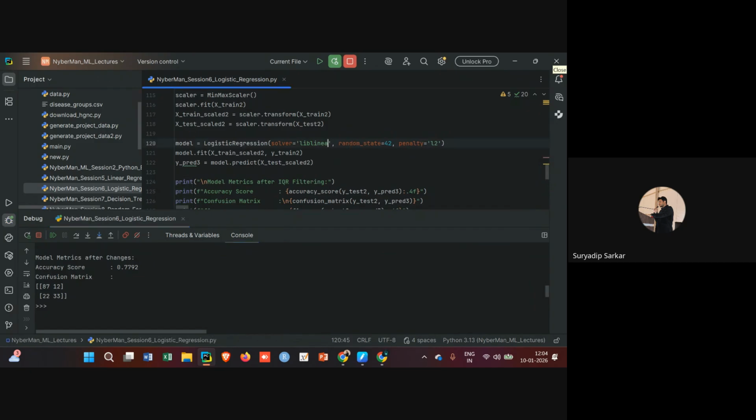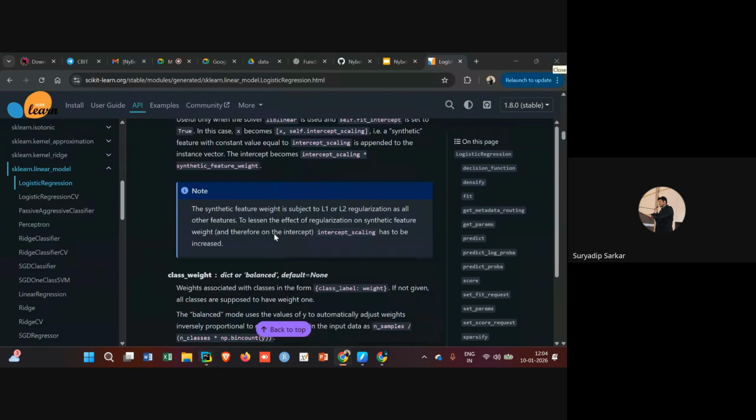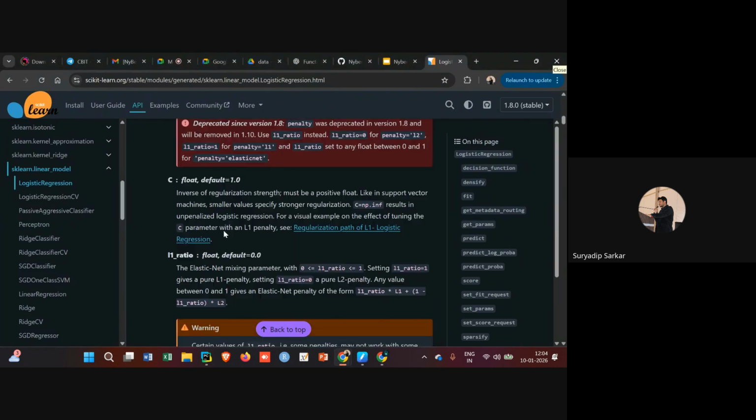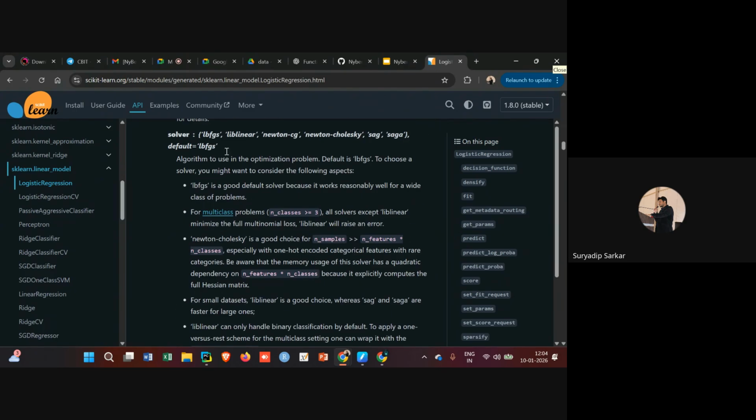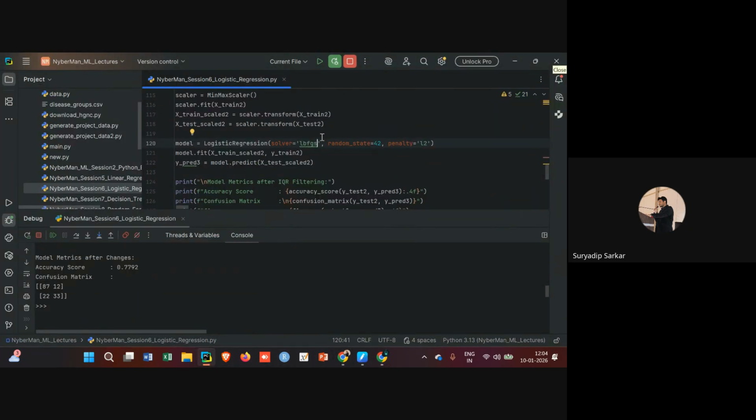Okay, if I use some other solver, say for example, LBFGS, I believe that is a solver. Yes, we have LBFGS. So that is kind of like the default solver that we used earlier as well.